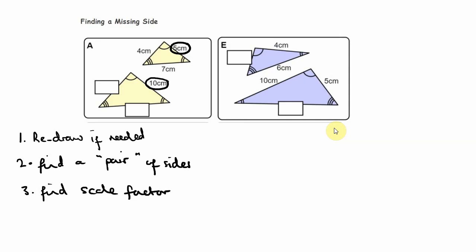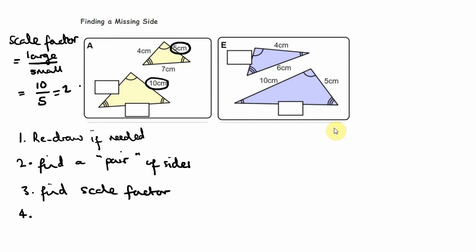The way I kind of like to find a scale factor, we're not always going to get easy numbers like this. I do my large length divided by my small length. So in this case would be 10 divided by 5, which gives us 2. So it's exactly what we expected. But that's a nice way of finding it when it's harder numbers.